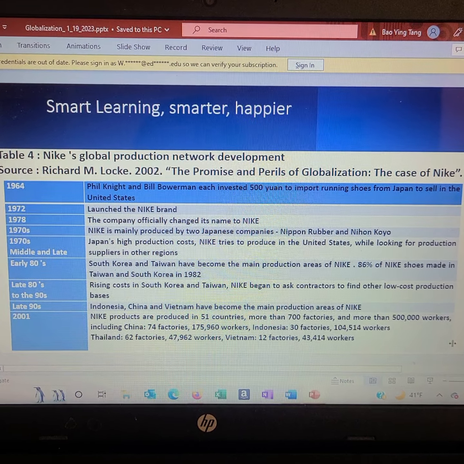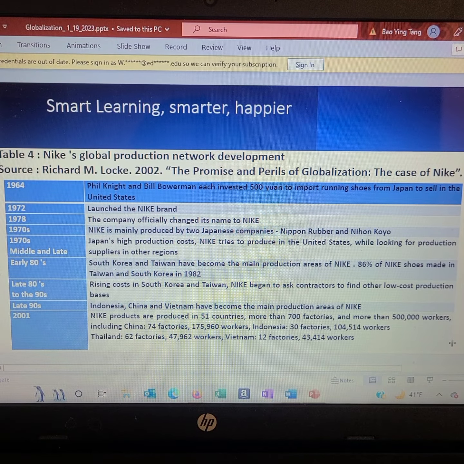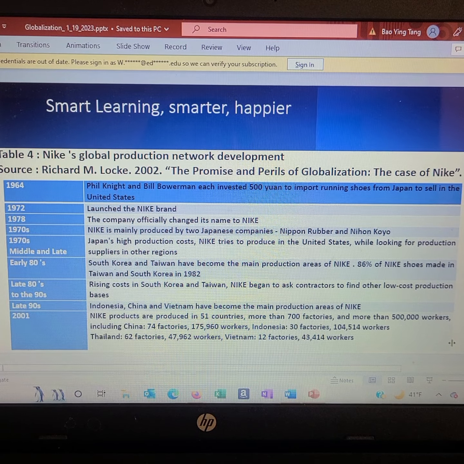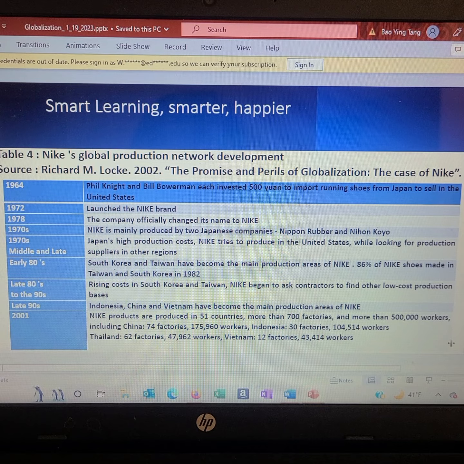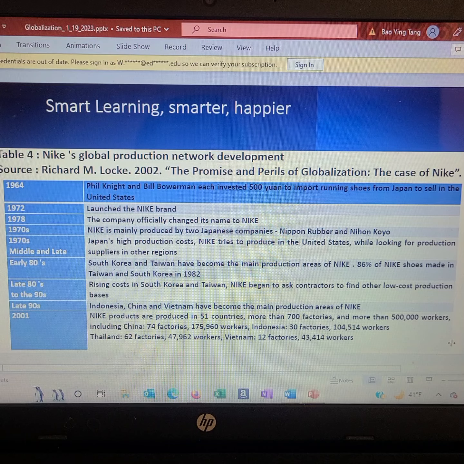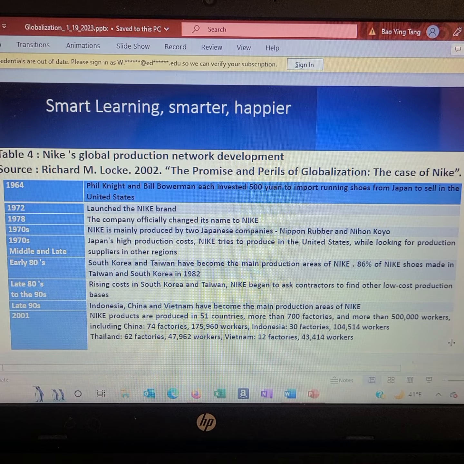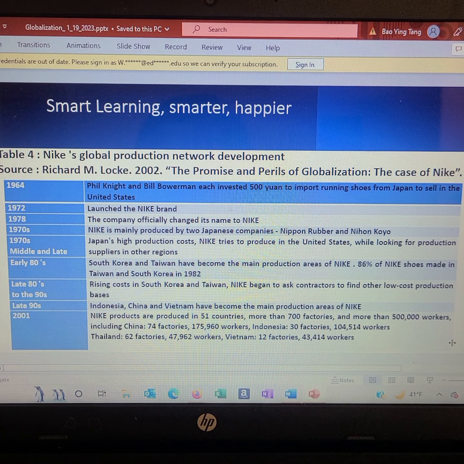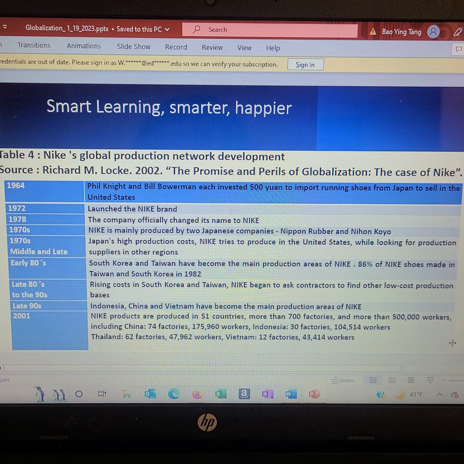In 2001, Nike products were produced in 51 countries. It has more than 700 factories and more than 500,000 workers. In China, it has 74 factories and 175,960 workers.